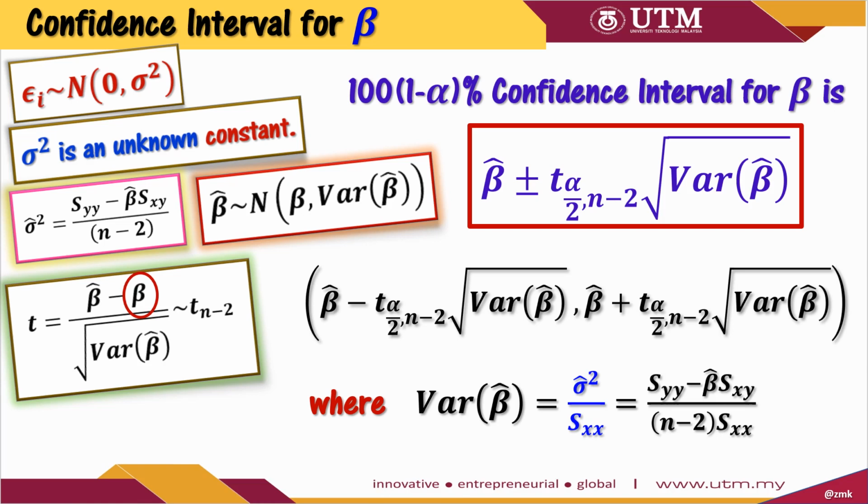The t-statistic and the variance of beta hat formulae are available in the formula list of the statistical table booklet, but the confidence interval formula is not directly given. Again, you can borrow the definition of t-statistic to construct the confidence interval for the unknown slope parameter beta.